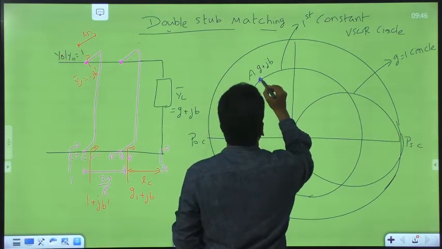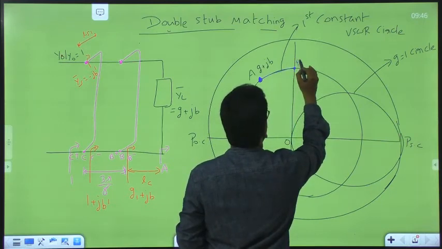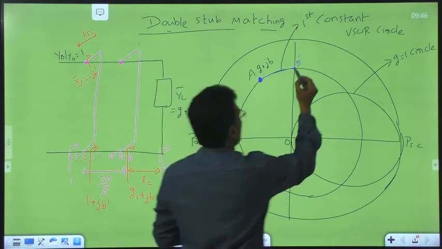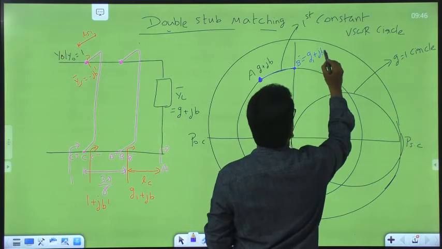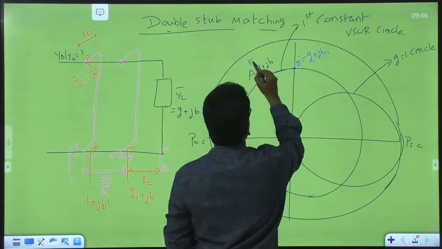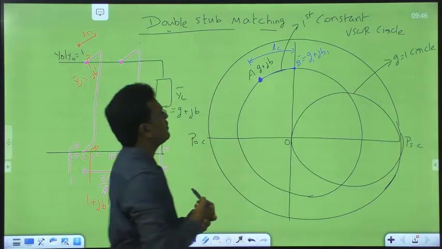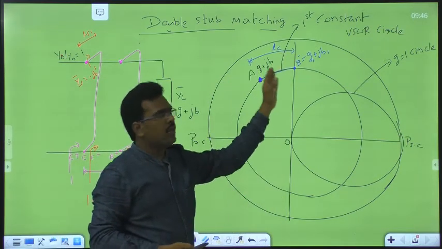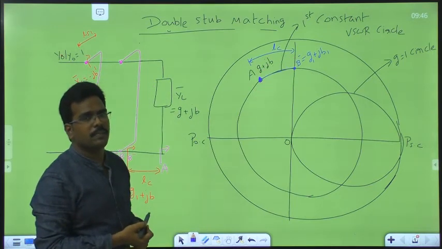So from this point, I am traveling a distance of some L suffix C to reach the B minus point. At this point, let us assume it is having an admittance of G1 plus JB1, and this is going to give the length of the location of the stub. I am assuming after L suffix C, I am getting an admittance of some G1 plus JB1. It is my assumption.